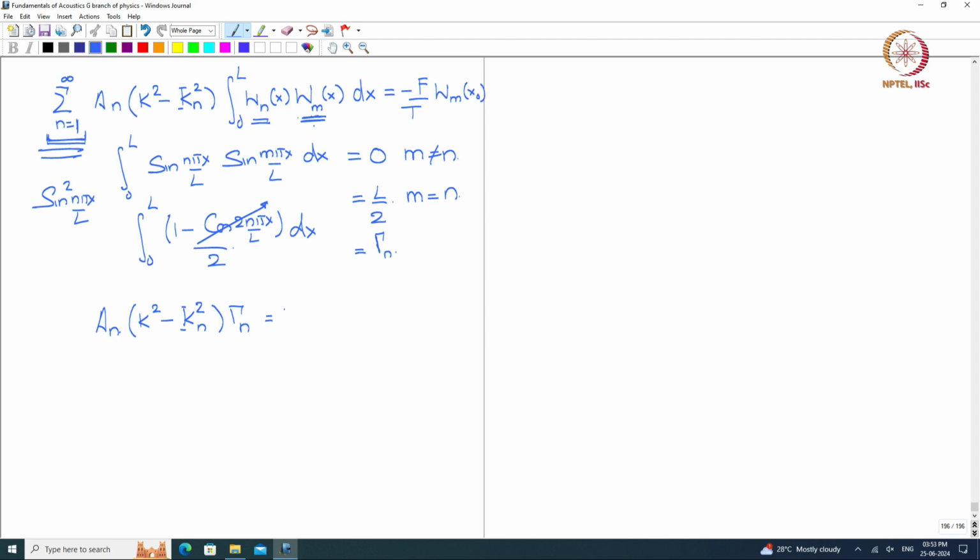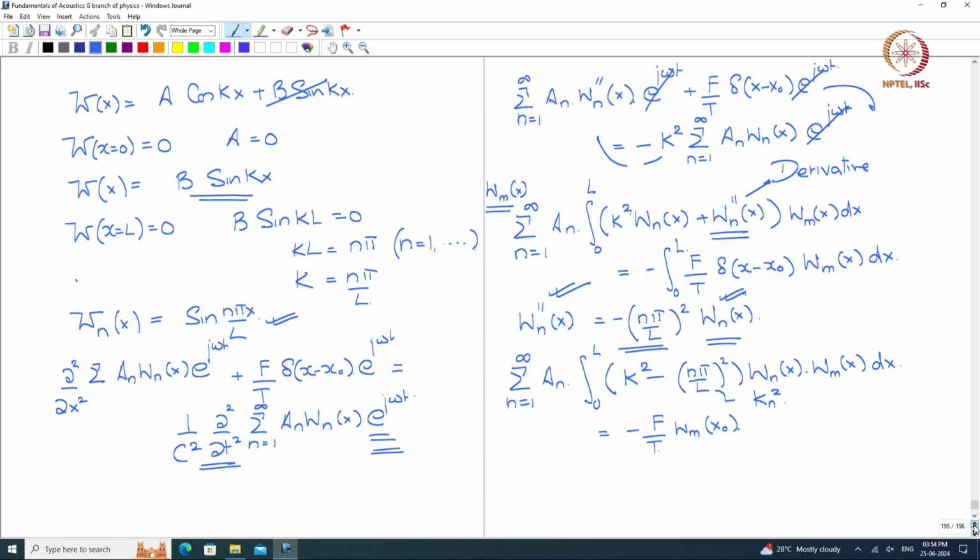So this is now equal to minus f by t W n, everything is n now because n is equal to m, and a n is equal to f W n of x naught by t, divided by (k n square minus k square) gamma n.